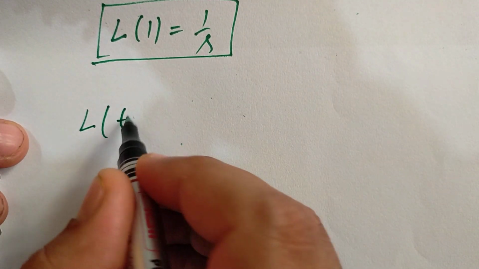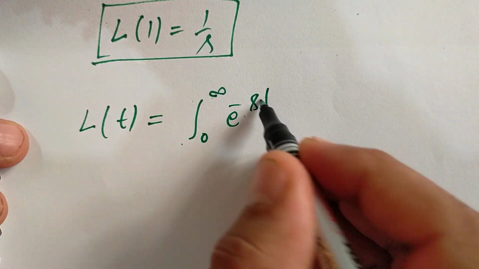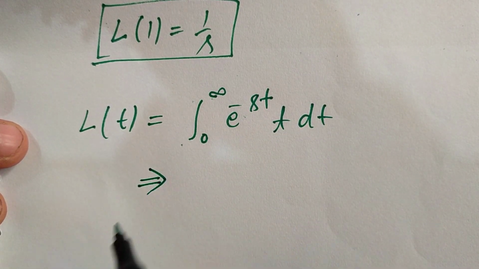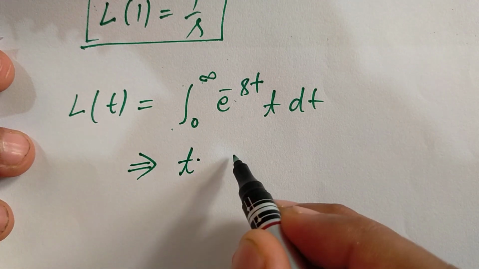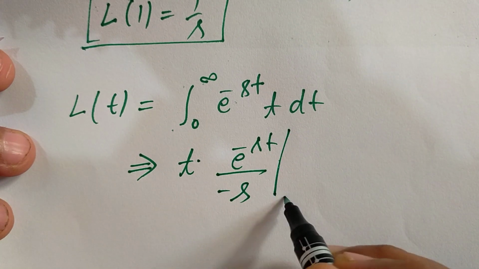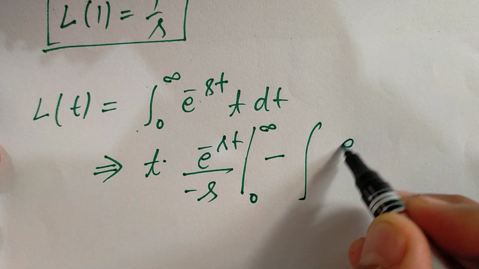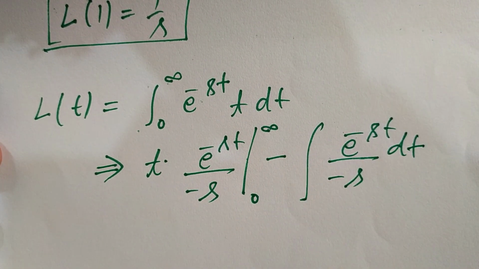Laplace of t will be the integral from 0 to infinity of e power minus st and t dt. So we can use integration by parts. So this is t into e power minus st by minus s, limit 0 to infinity, minus the integral of e power minus st by minus s dt.